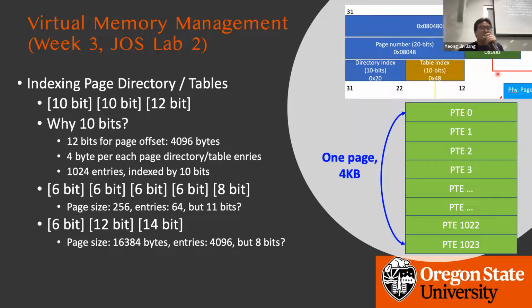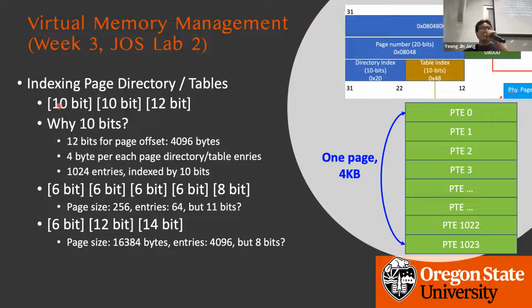And then we also learned about some of the engineering details. We set the page size as 4 kilobytes. That's why we can ignore these 12 bits. And a 4 kilobyte page magically has 1024 entries, so that can be indexed by 10 bits.